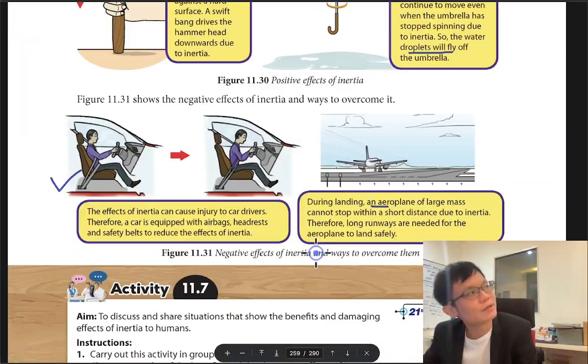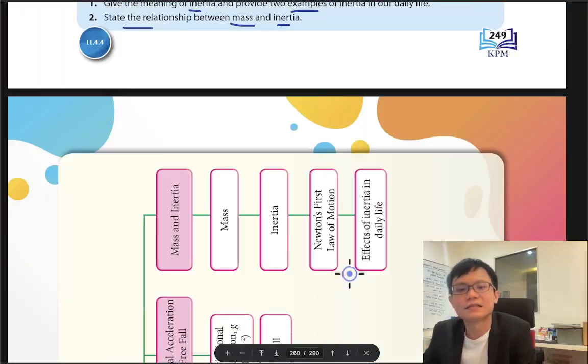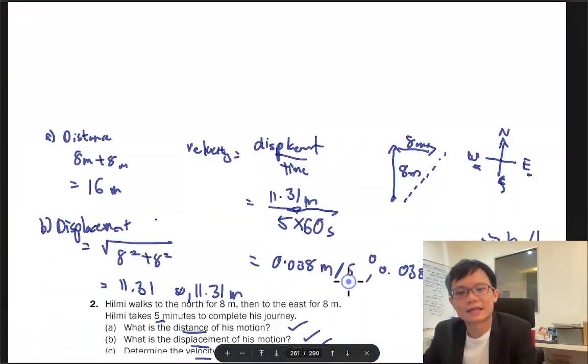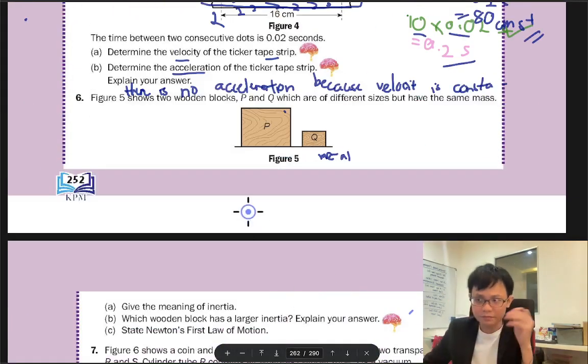Is there any example? One big and one small inertia. I cannot think of any example. Maybe what I can think of is I take the block and throw at you.